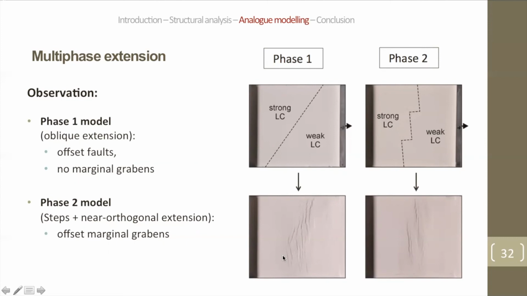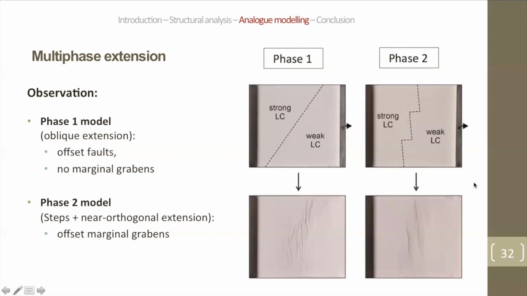It's not possible to then take this model and do a second phase with a different extension direction in the centrifuge. So therefore, we had to develop another model to reproduce the second phase, which then involves again a strong lower crust and a weak lower crust. However, here the separation between the two domains has a couple of steps, like indicated by this dotted line over here.